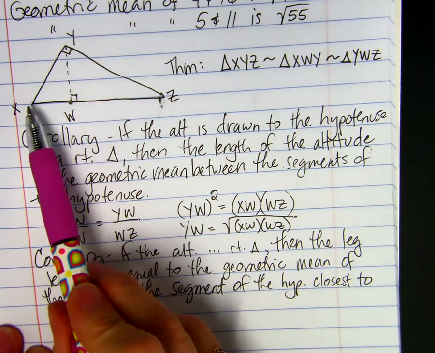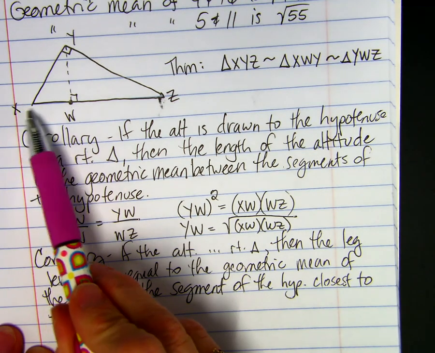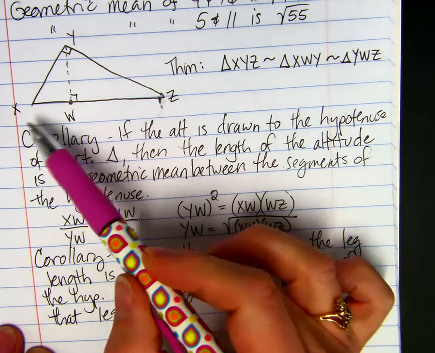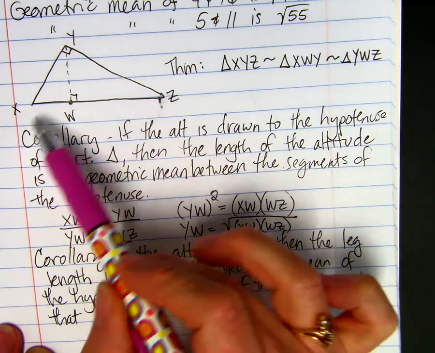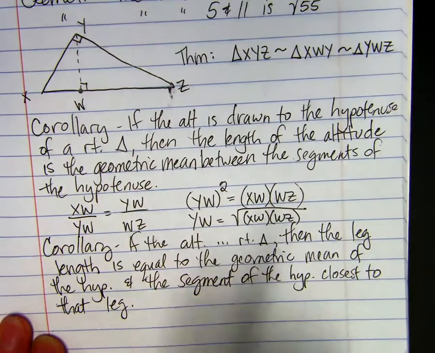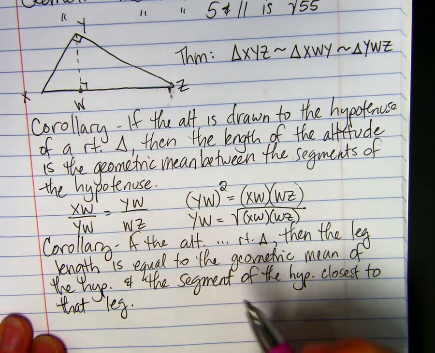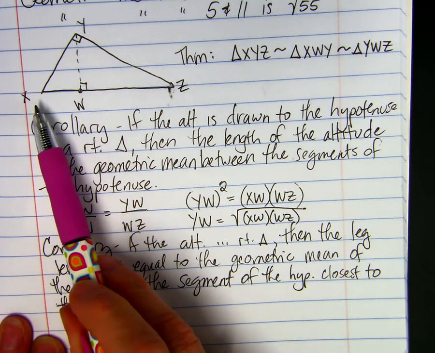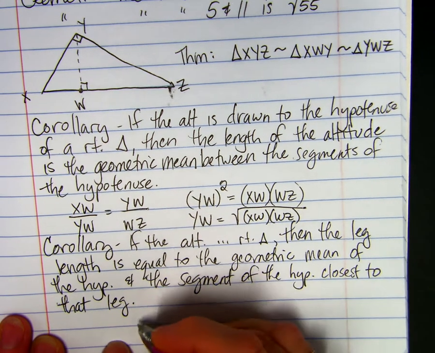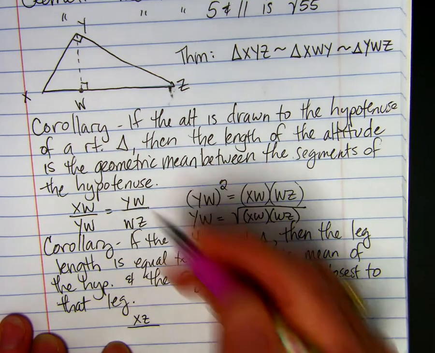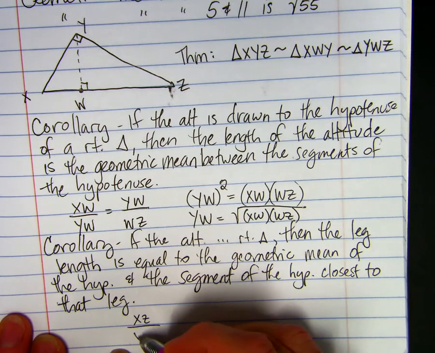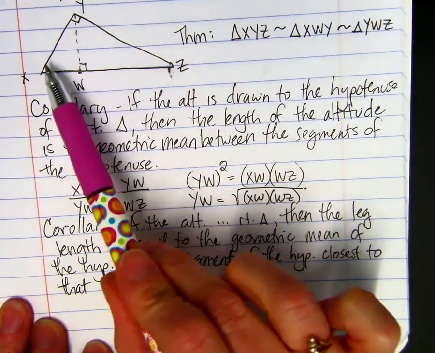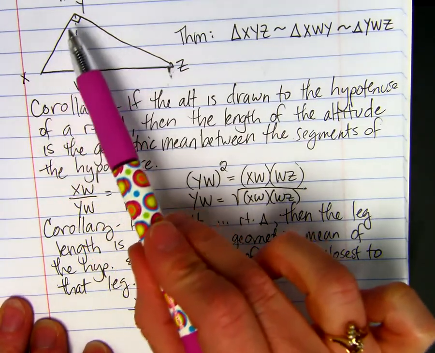So if we were to do this hypotenuse to the shorter leg, let's write a proportion first so you can see how it works. So we have XZ is to XY as, and if you look at the small triangle, XY is the hypotenuse, right?